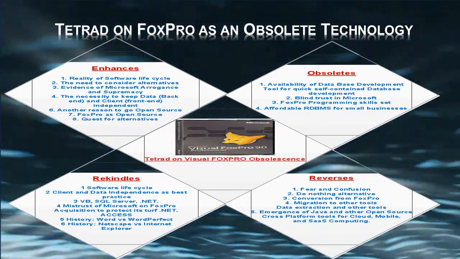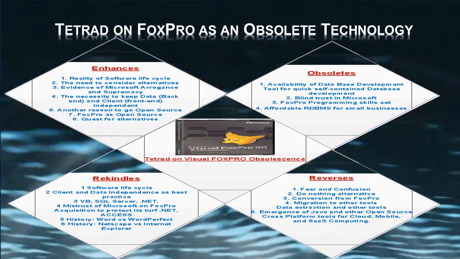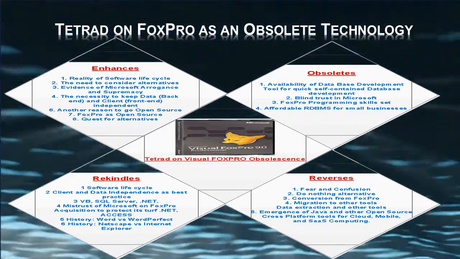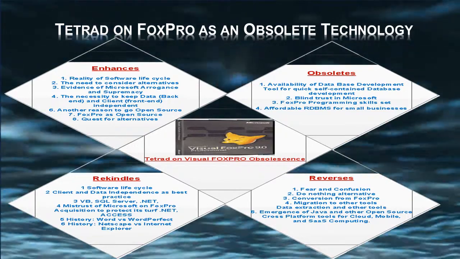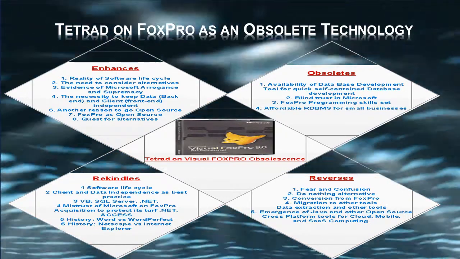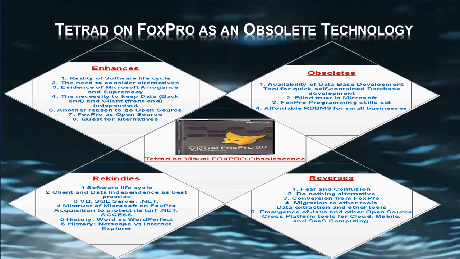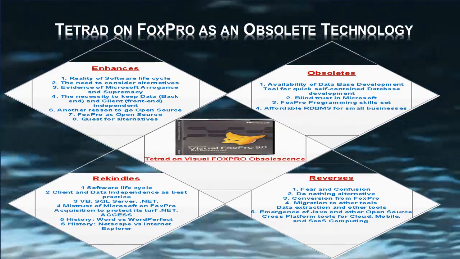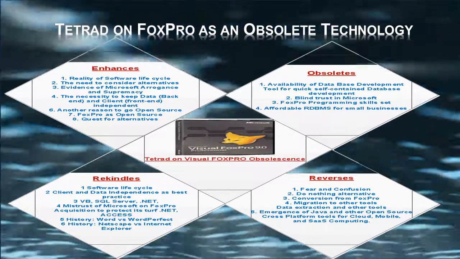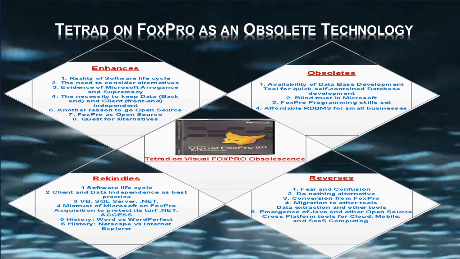Do we just stay, especially Foxpro programmers or businesses who have their own providers of delivering Foxpro? What to do? Do we just stay idle and do nothing? Or do we convert from Foxpro to something else?